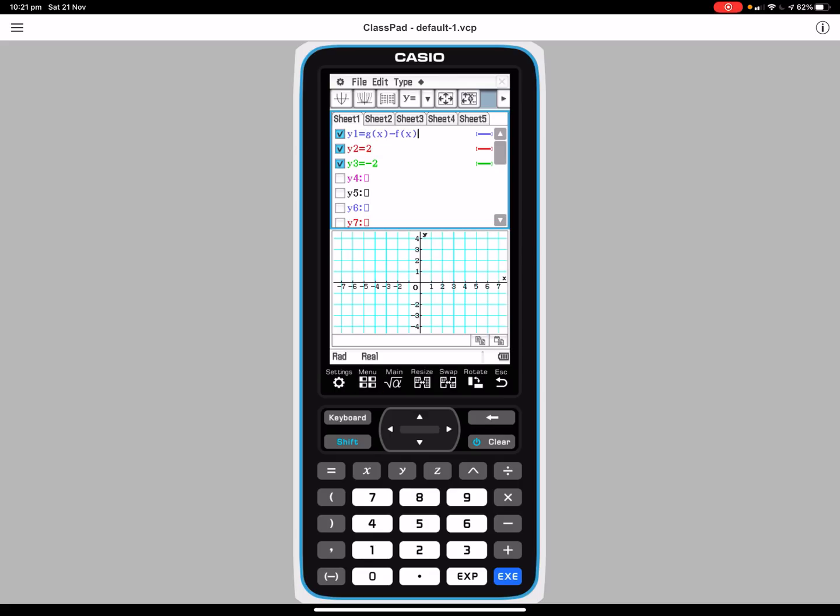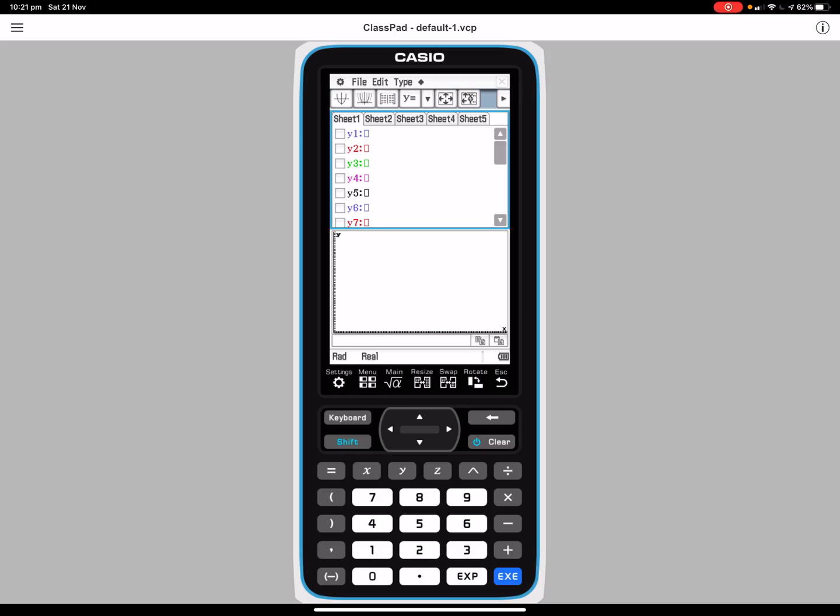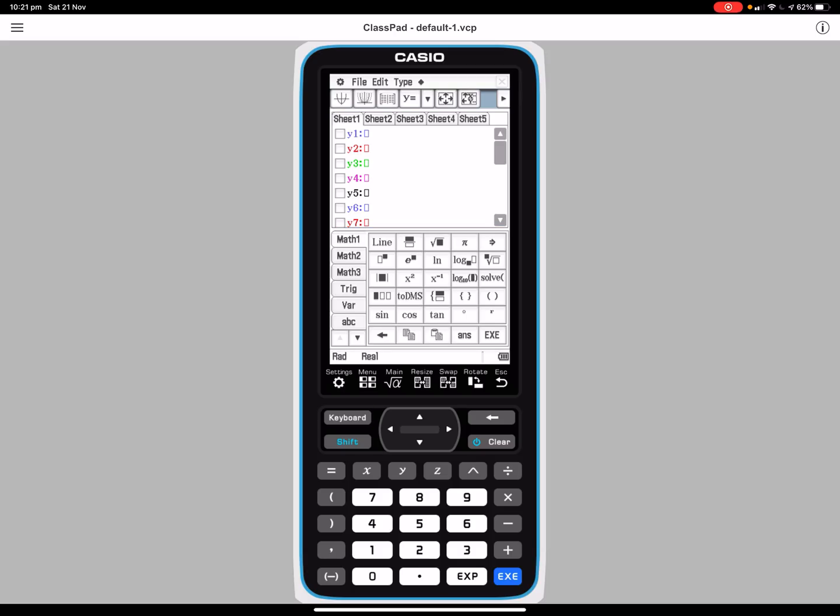I always like to sketch them to make sure that they're correct. So we know that our domain is from 0 to 200 and our range is from 0 to 40 plus or minus 20. So let's just go to 80, the same as whatever the graph is.